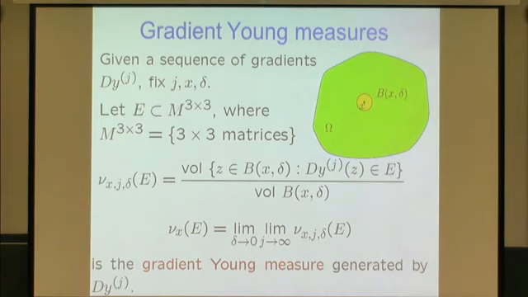Under very general conditions, that works, provided you take a suitable subsequence of the original sequence of gradients. And that object, nu x of E, is a family of probability measures parameterized by the point x in omega. That's called the gradient Young measure generated by the subsequence of dyj.